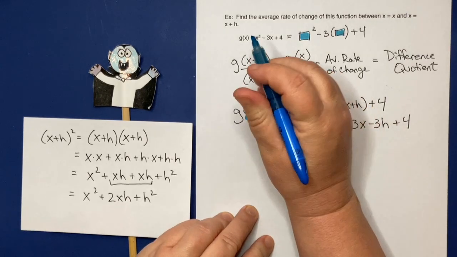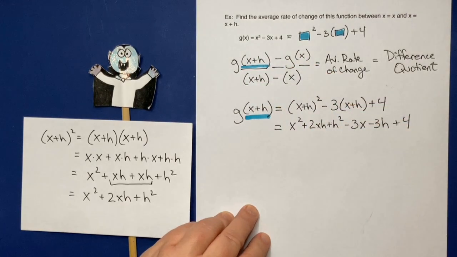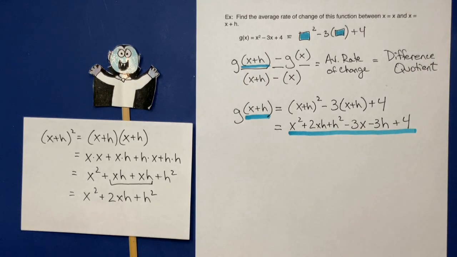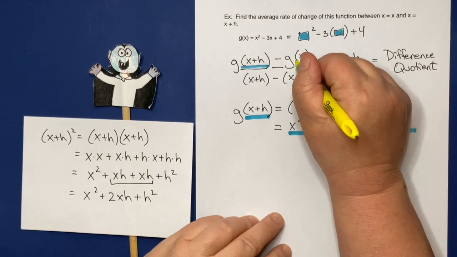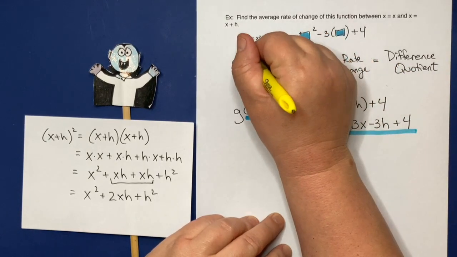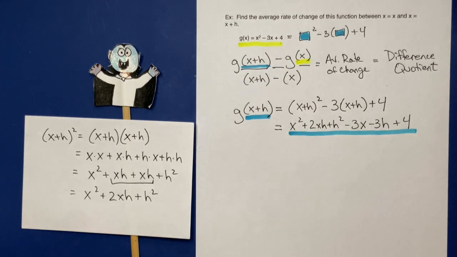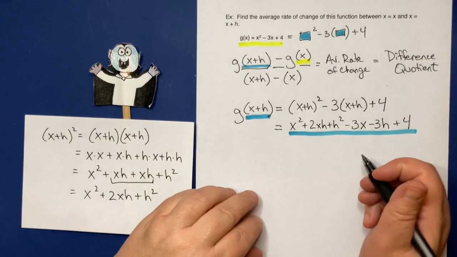Okay, so I can't remember the colors I used before, so we're going to use new colors. We're going to do this. That's going to be the blue one. And then remember, up on top, we also have the normal one, just the function as written with the x. And then we got some interesting stuff in the denominator.